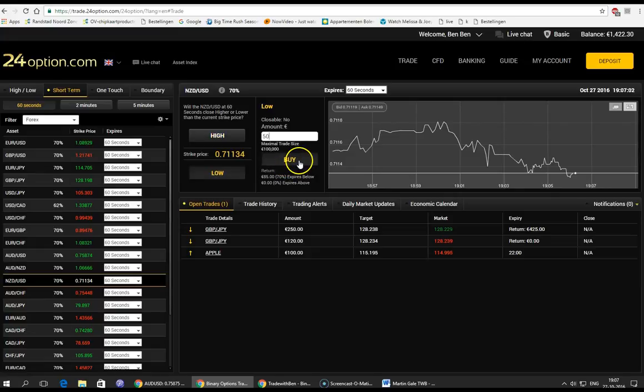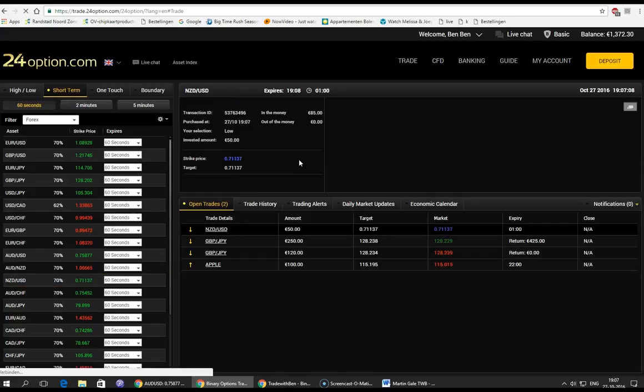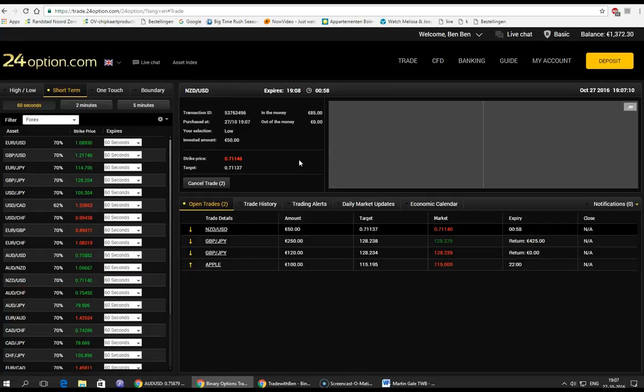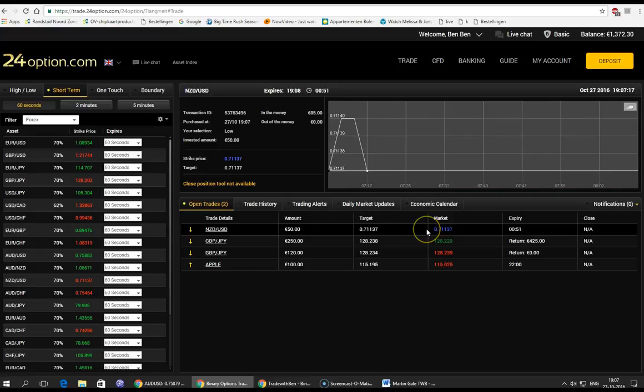Basically, I think this is going to go down more. There's some good news coming up from the dollar, so I'm just going to go with this trade for now. And let's see what's going to happen.